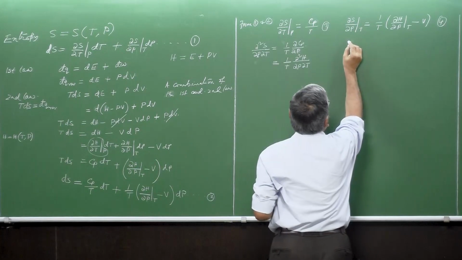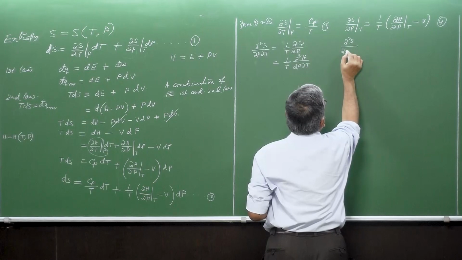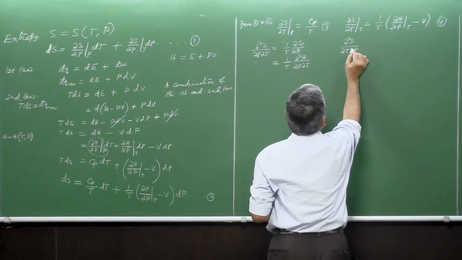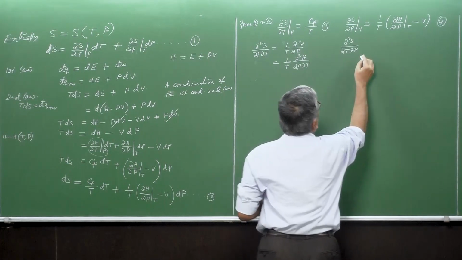Another relation we derive is del square S del T del P. Now see, it is del P del T in one and del T del P in the other.